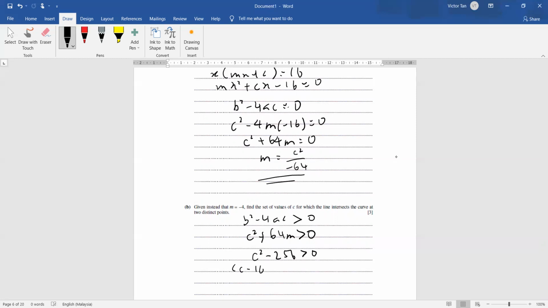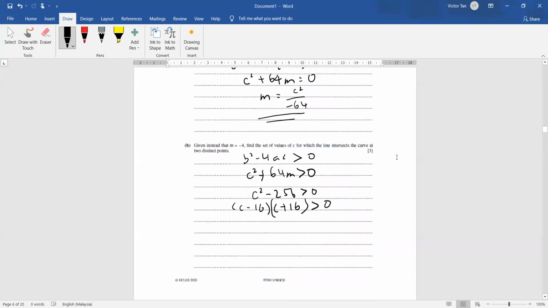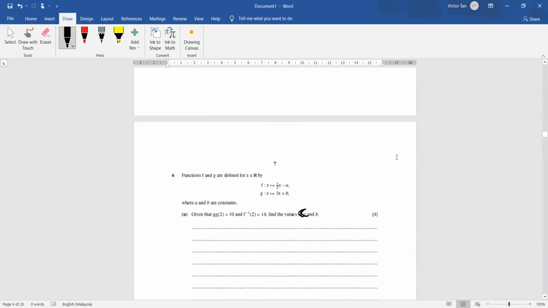Factorizing, (c minus 16)(c plus 16) larger than 0. By solving the quadratic inequality, you get c is smaller than minus 16 and c is larger than 16. This is c. Okay, good.